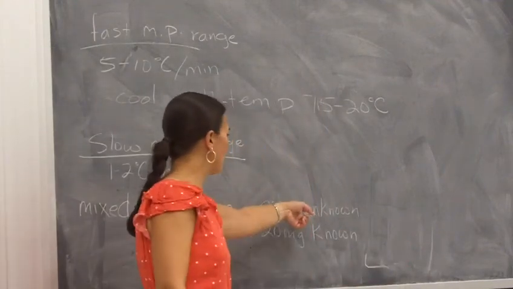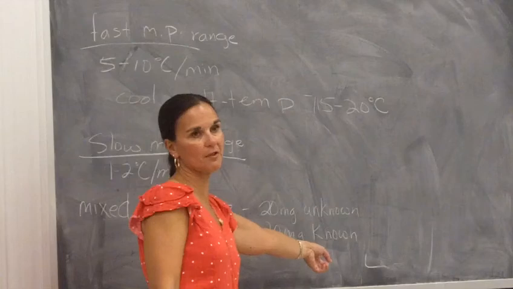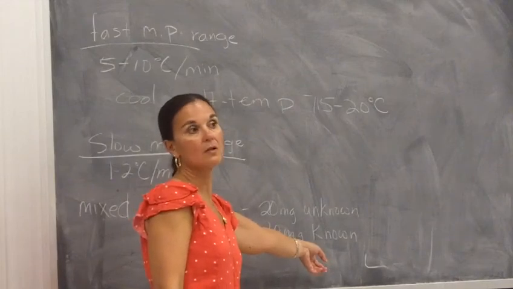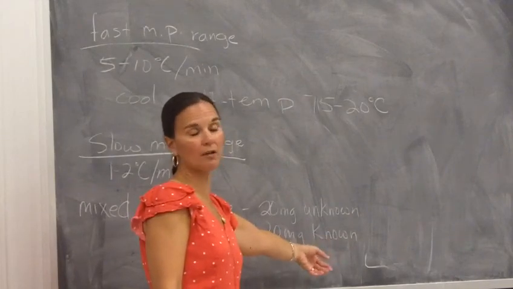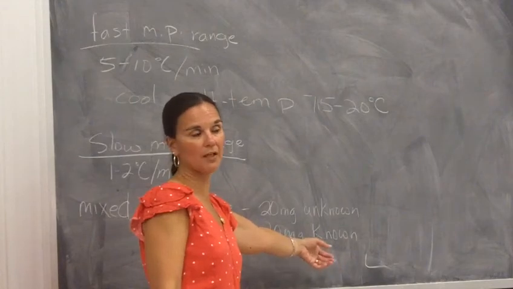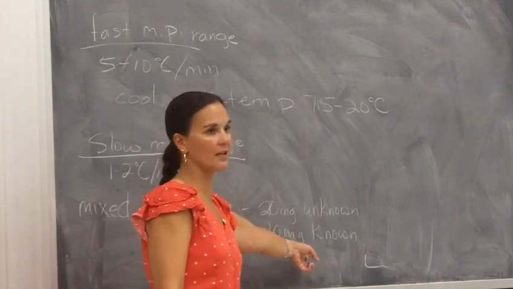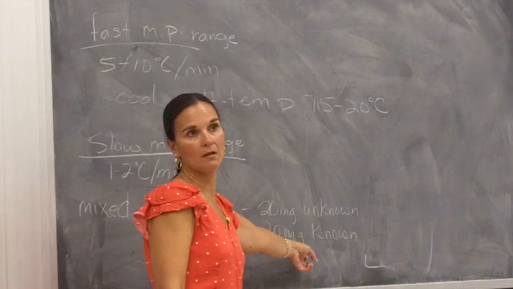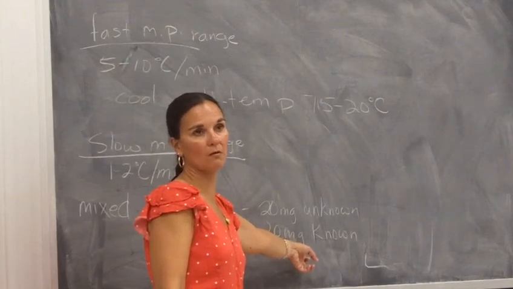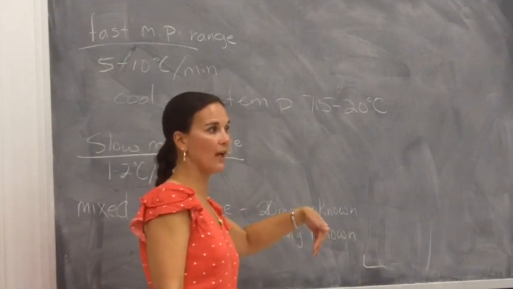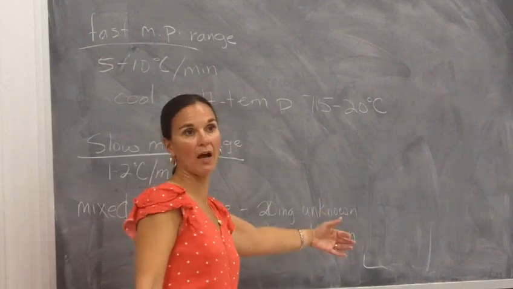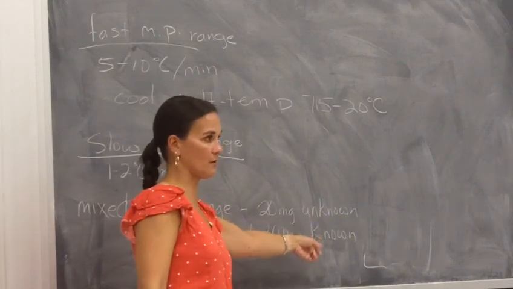So if you have two compounds that are the same, what should happen to the melting point range? It should be the same. If you recall colligative properties from Gen Chem, if these are different, what's going to happen? The melting point range will go up or down. It'll depress, right? It'll go down and get more broad if it's not a pure substance, okay?